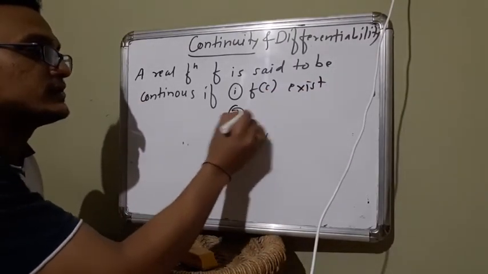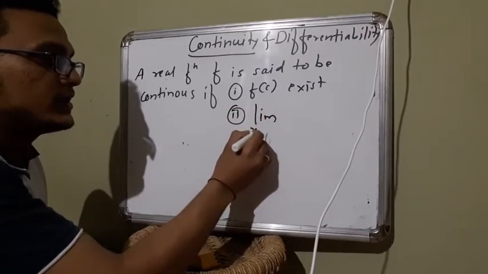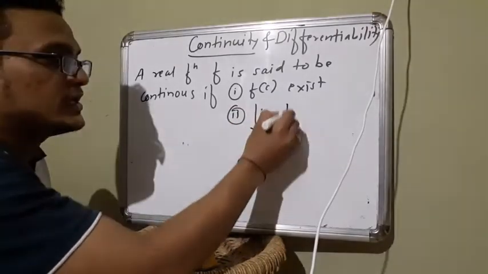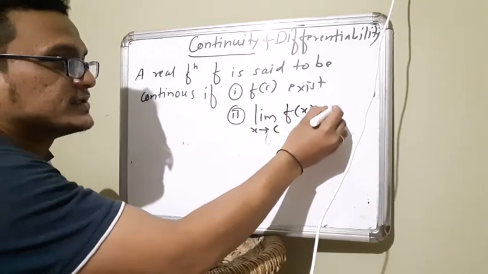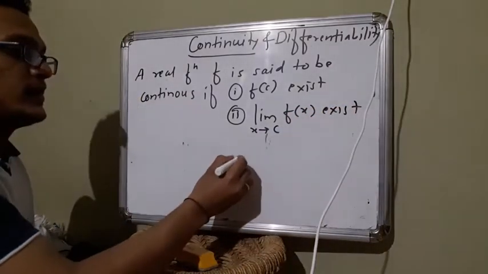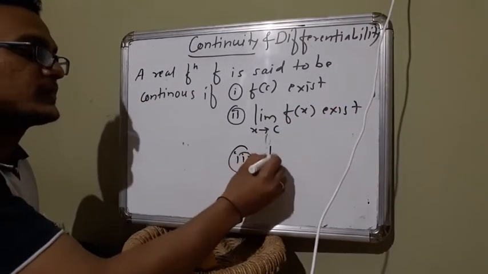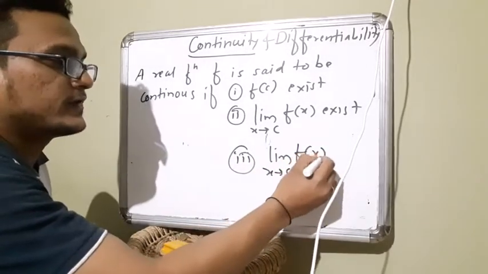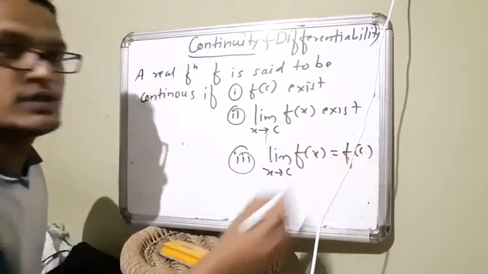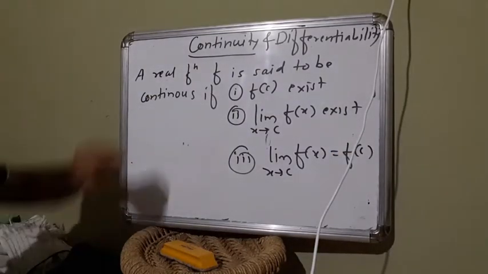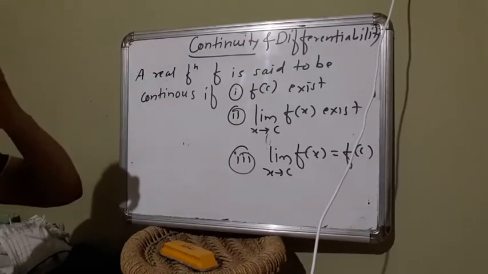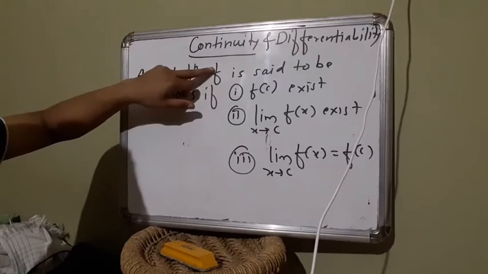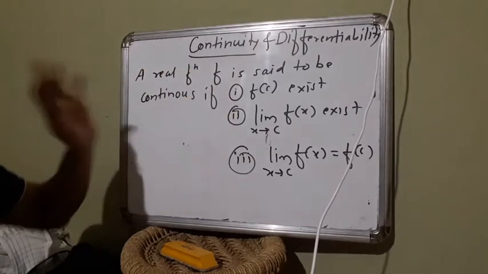Second condition, limit x tends to c, f of x exists. And third condition, limit x tends to c, f of x is equal to f of c. To say that the function f is continuous, these three conditions must be satisfied.